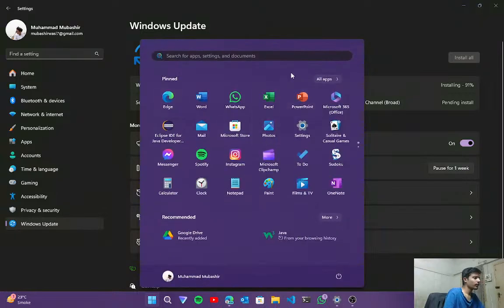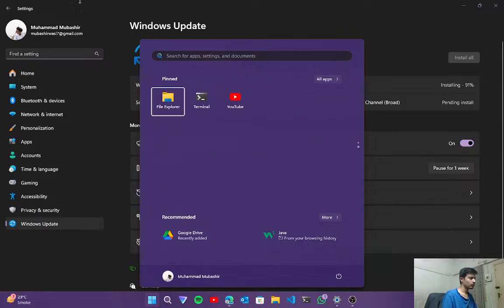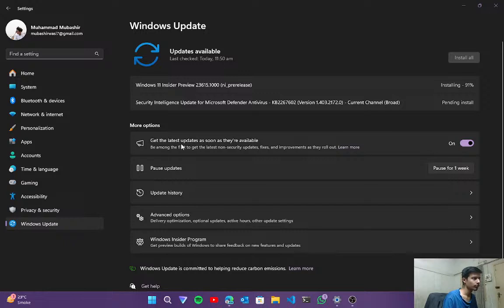I don't know why I cannot search for things, and it's just iterating over here, and when I click over here it just disappears all of a sudden. Maybe it is because of the update, because Windows is updating. But what I have to do is change the environment variables, that I know.